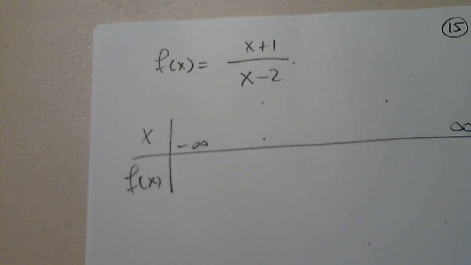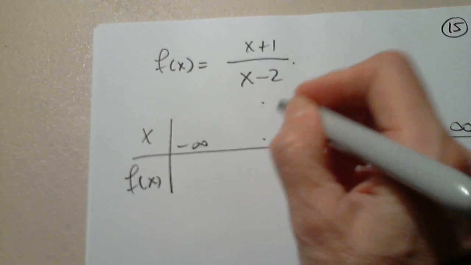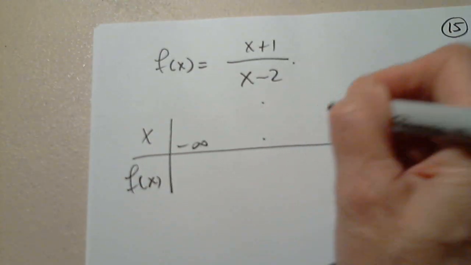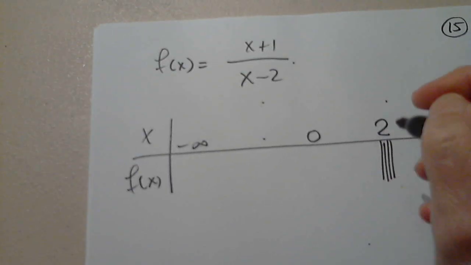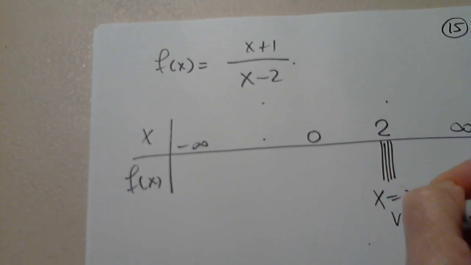We had rational equations a few minutes ago, and we stated restrictions for those rational equations. It can't be 2. Indeed. So I have to have 0, and I have to have 2, and nothing under 2, which means x equals 2 is a vertical asymptote.